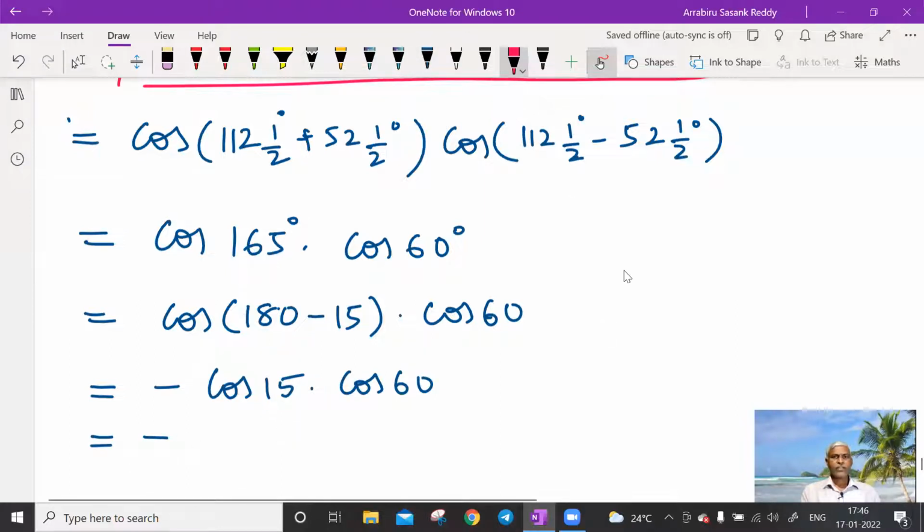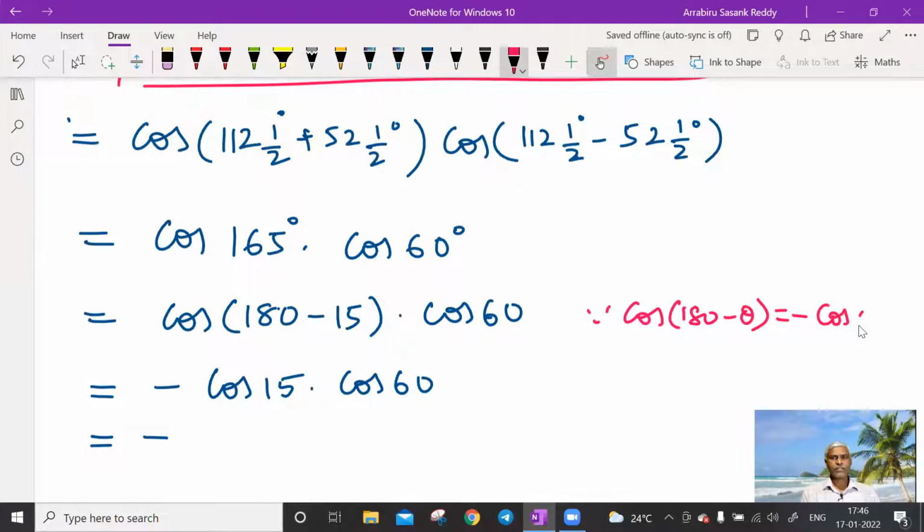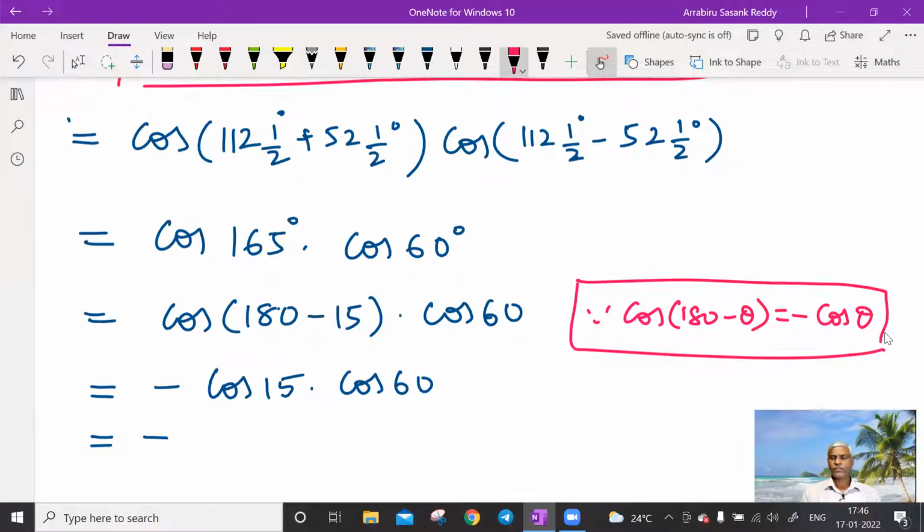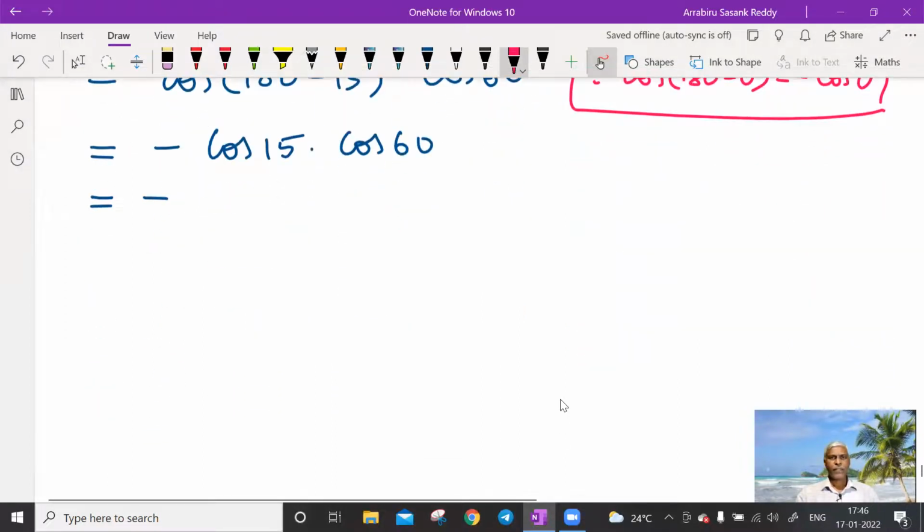Since cos 180 minus theta is minus cos theta, it is in the second quadrant where cos is negative, so minus cos 15. Cos 15 can be written as 45 minus 30 or 60 minus 45.